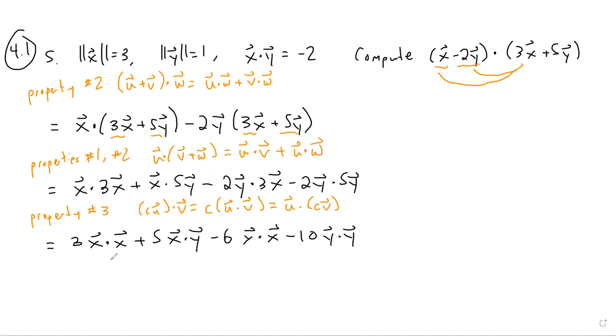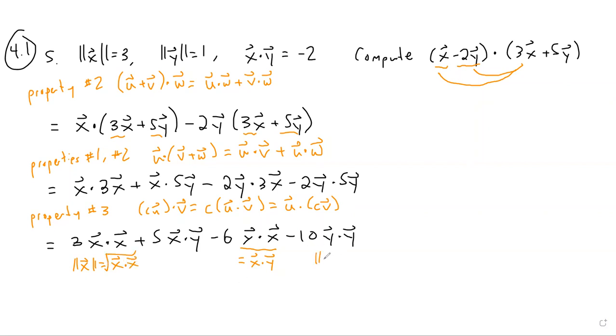And then we're going to use a couple other properties here. So we have that commutative property. So this is equal to x dotted with y, right? And that's just property 1. And then what we've also got is our formulas for length. So just recall that the length of x is the square root of x dotted with x.